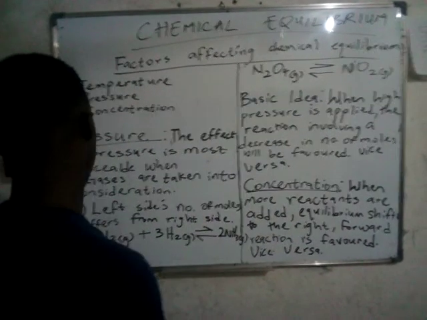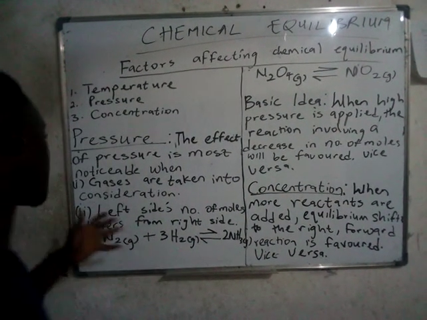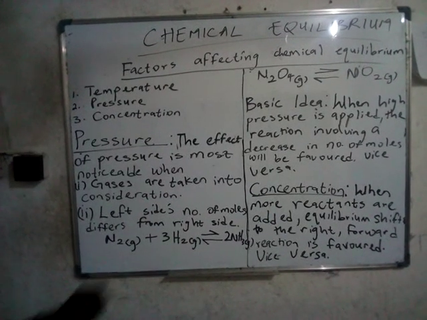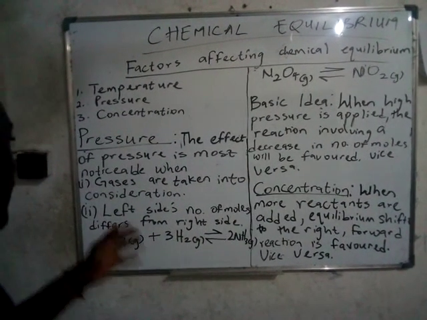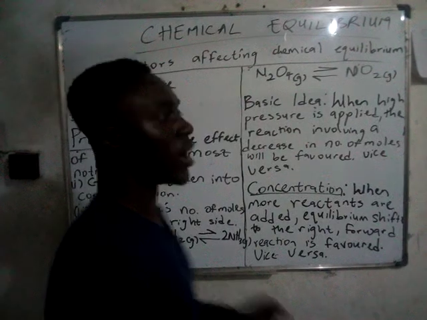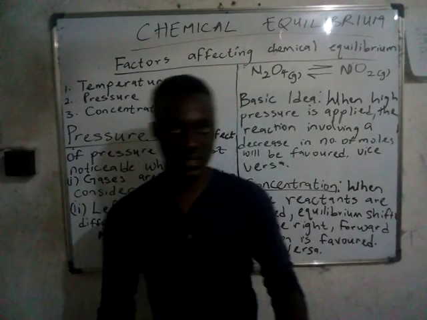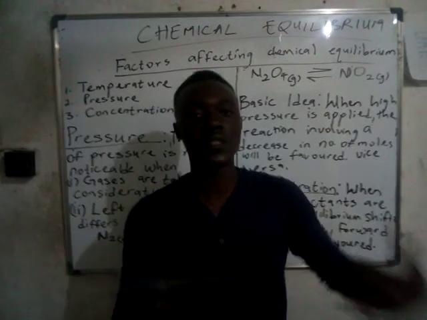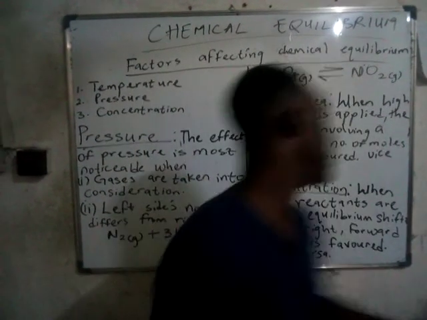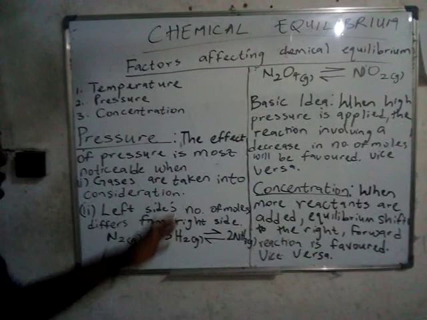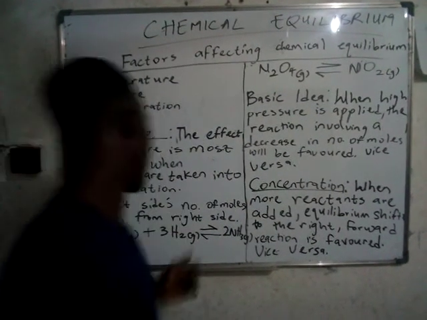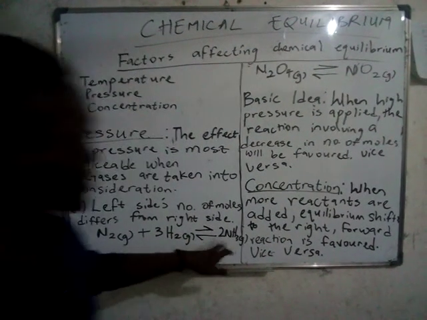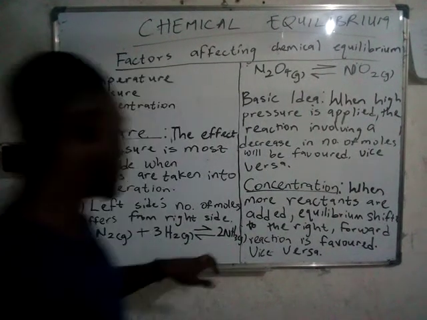Now, for the second one, when the number of moles on the left side differs from the right side. It is far easier to notice the effect of pressure when you have a reversible reaction in which the number of moles on the right side greatly differs from that of the left side.